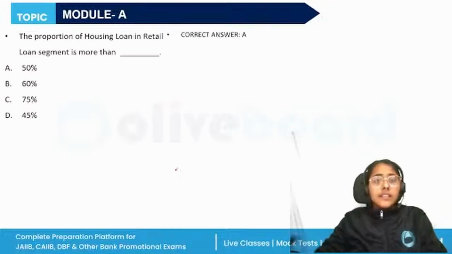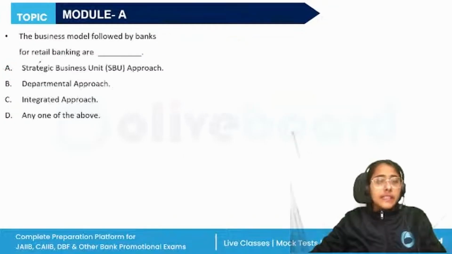So the correct answer here is option A, 50%. So the proportion of housing loan in the retail loan segment is more than 50%.